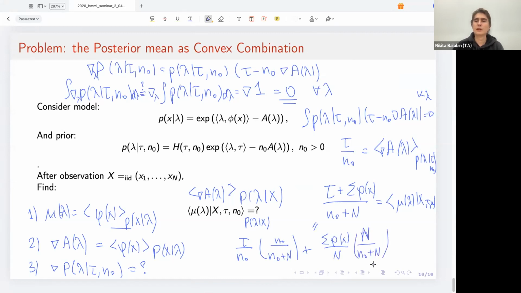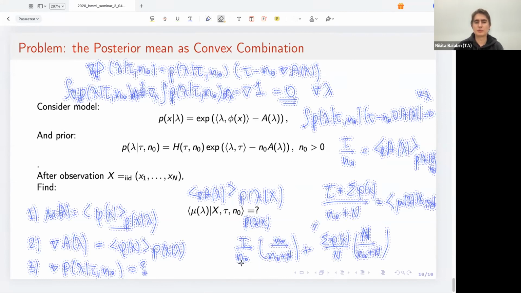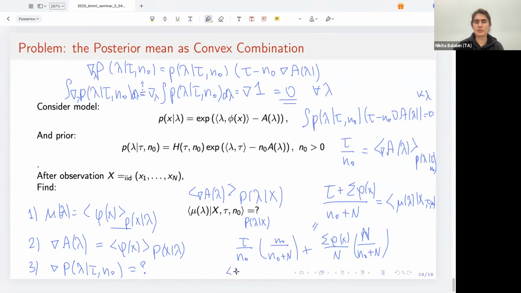We see that this is the estimation with respect to the prior distribution, as we talked earlier, lambda with respect to the lambda distribution. And here we have the maximum likelihood estimation. It is a convex combination: if this is alpha, this is 1 minus alpha.